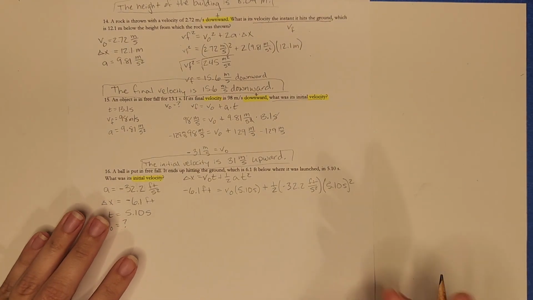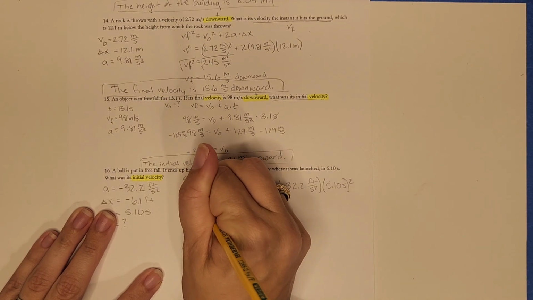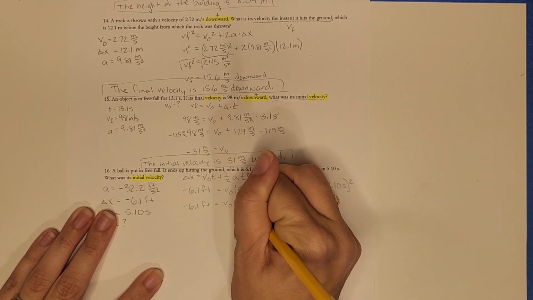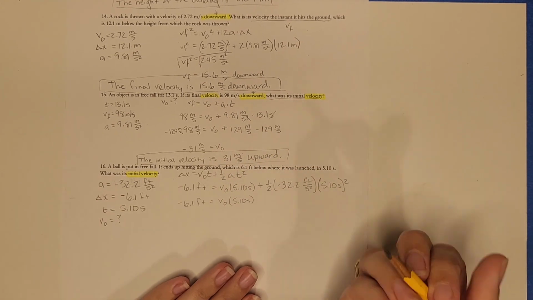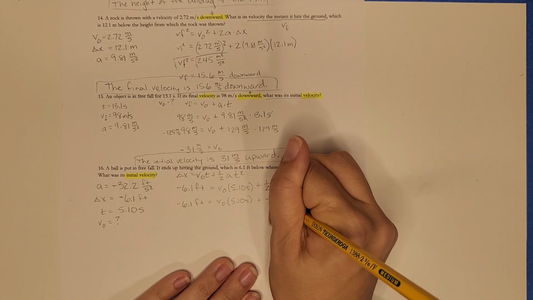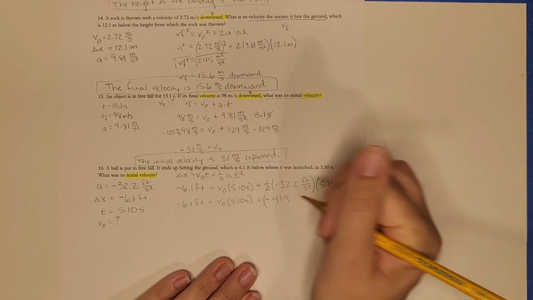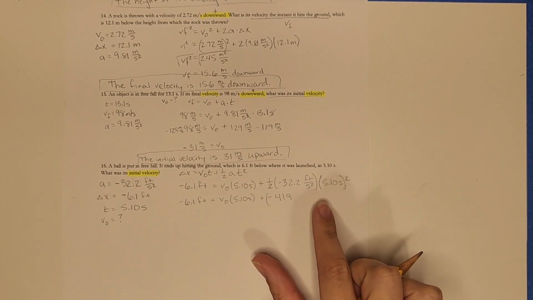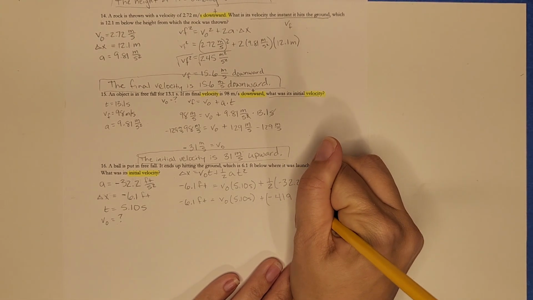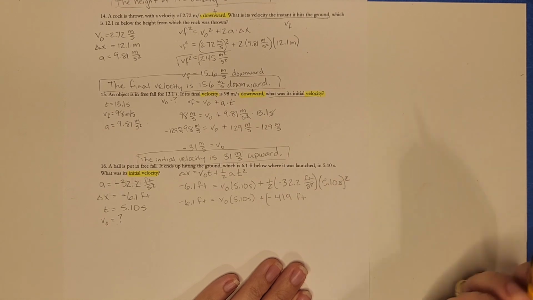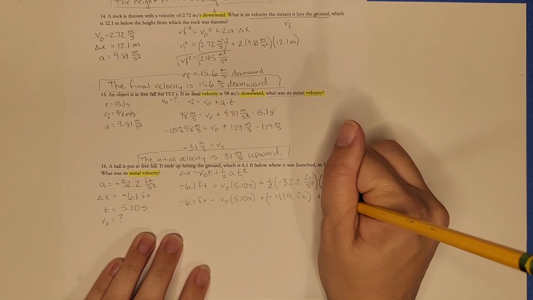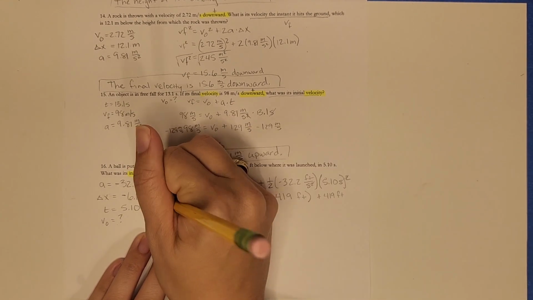Okay, so when I calculate all of this, I'm going to get negative 419 feet, right? Because the seconds squared are going to cancel. Okay, and so I'm going to add 419 feet to both sides.